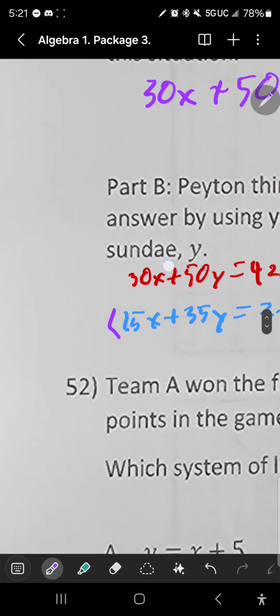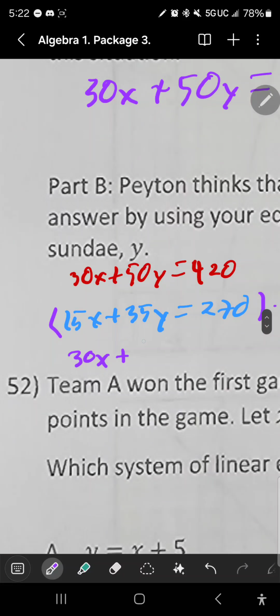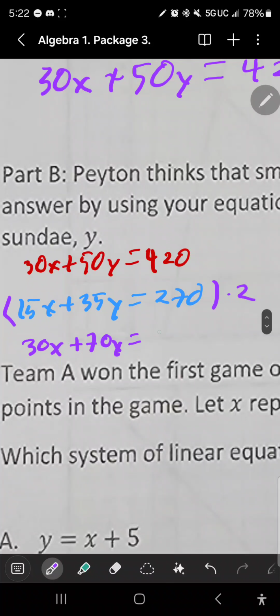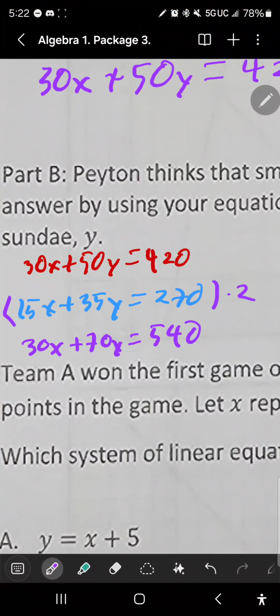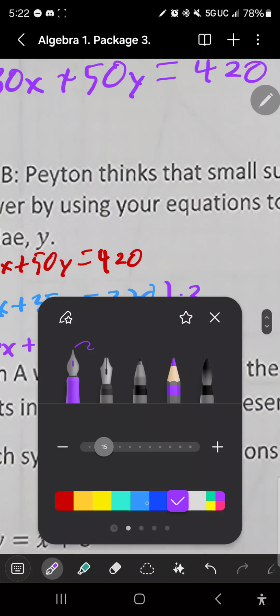I will say 2 times 15 is 30, so 30x plus 2 times 35 is 70, so 70y equal 2 times 270 is 540. And we have this new equation.